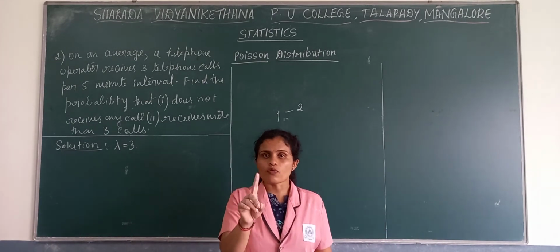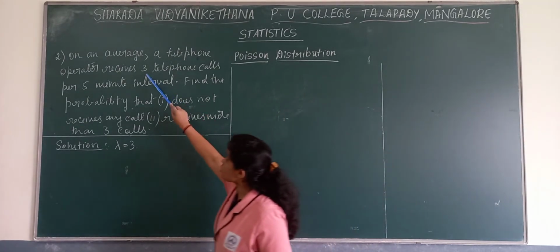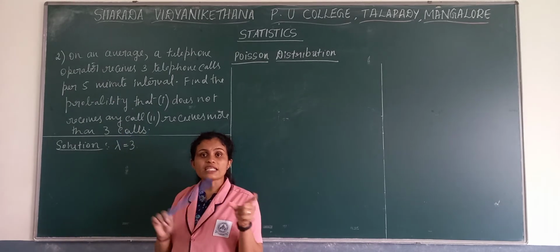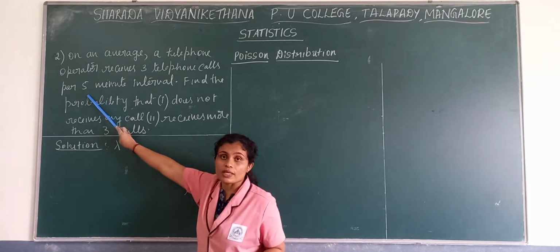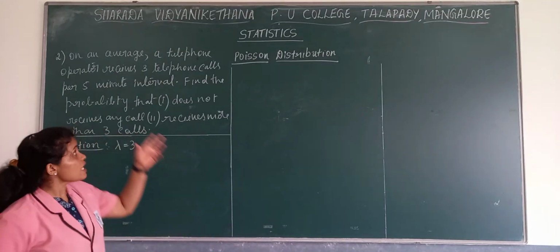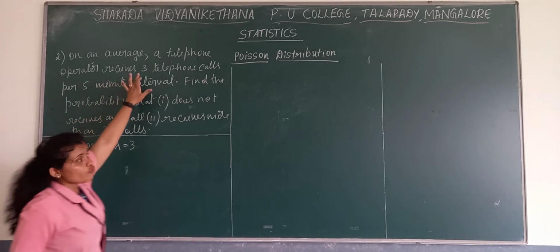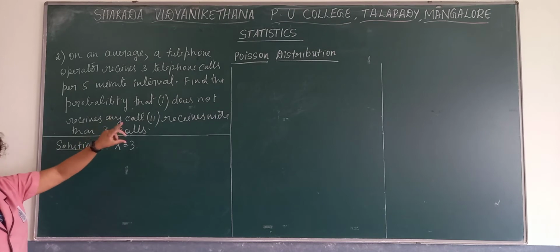Now here also this is the specification. 5 minutes interval, 3 calls. For 5 minutes, 3 calls. So that information they have given. So 5 is the specification. In that 5 minutes, what is the number of phone calls? 3. So in that case, find the probability.